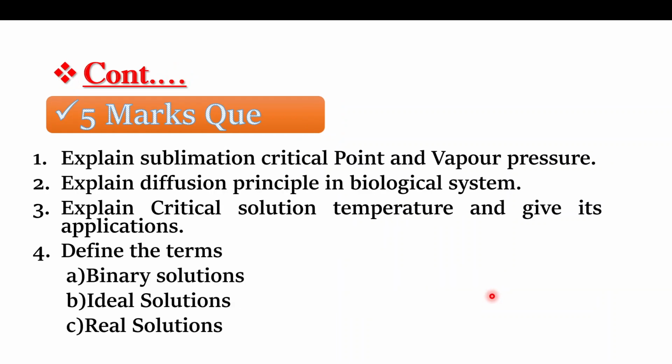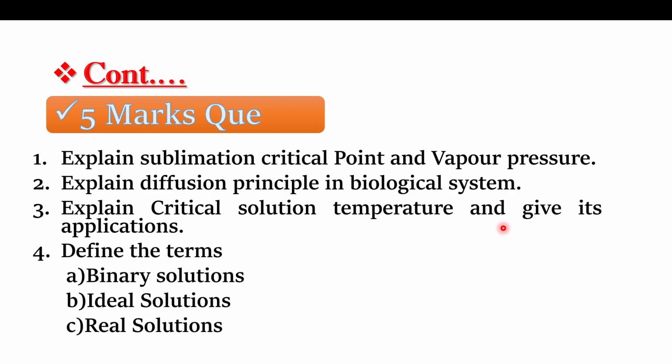Next, move forward to the 5 mark questions. The first question is explain sublimation, critical point and vapor pressure. Second question is explain the diffusion principle in biological system. Third question is explain critical solution temperature and give its applications.